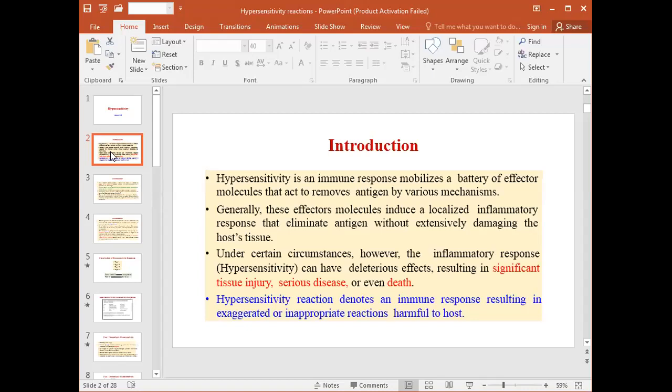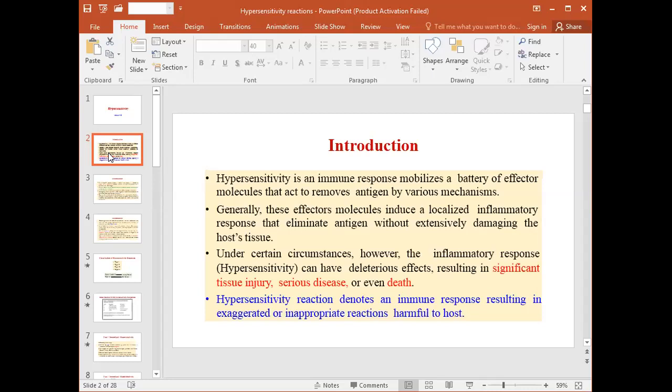This particular reaction describes tissue damage secondary to an exaggerated inflammatory reaction. These reactions may be in response to an external antigenic challenge such as pollens, like in hay fever, an inappropriate response to a pathogen, or even to an individual's own tissue.